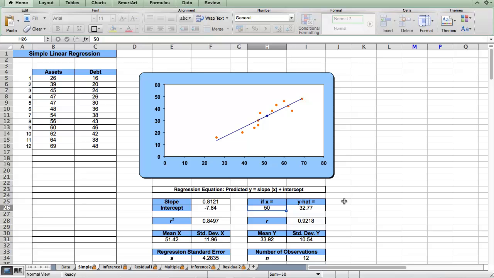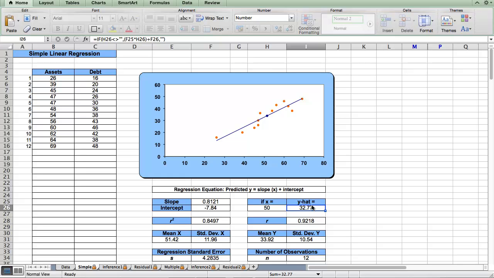Let's construct a 95% interval estimate that will produce a range to estimate the amount of long-term debt. Because after all, the 32.77 is just the point on the regression line directly above 50.